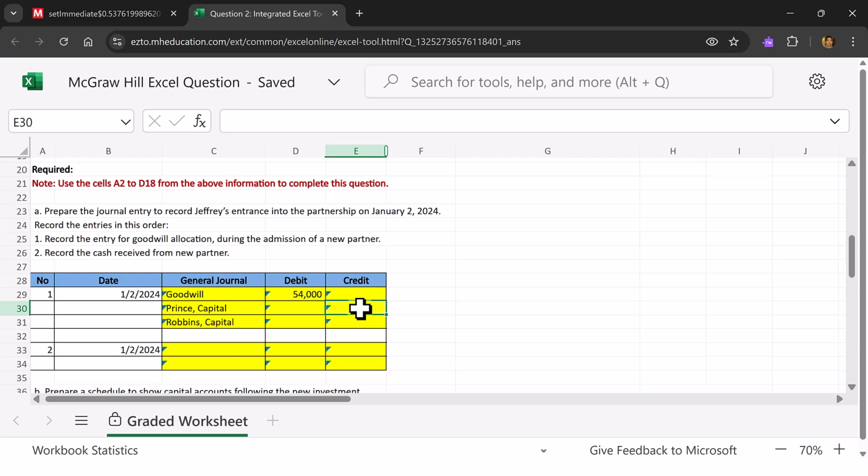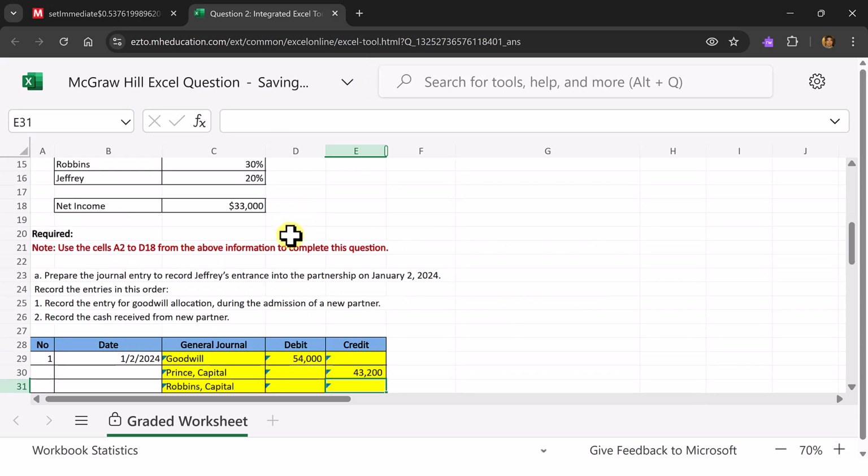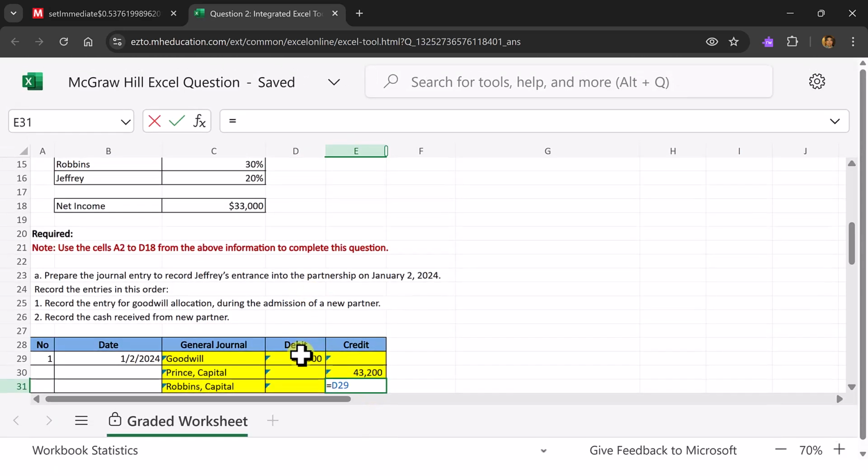So let's grab that 54,000 and multiply it by 80% for Prince. And do the same thing for Robbins for his or her 20% interest.